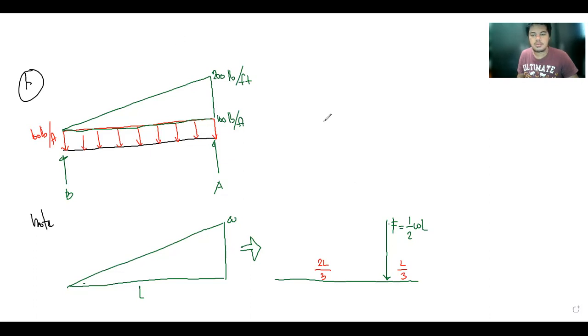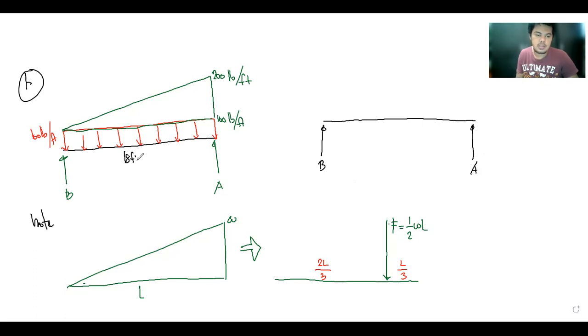So this is the beam, with a support B and a support at the other end A. The length of the beam is 18 feet.